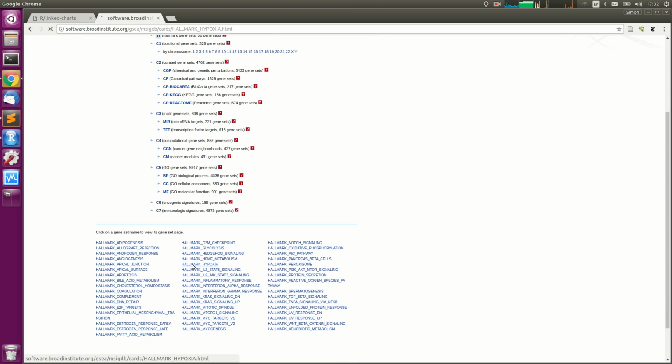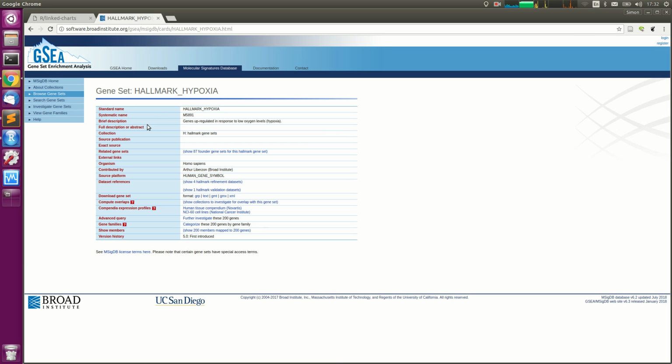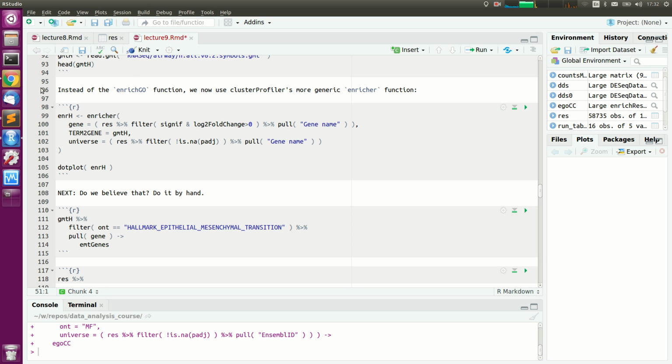And here we see which gene sets we have. Here's, for example, the hallmark of hypoxia. I like that one because it's a curation of many different experiments, finding a couple of core genes which always seem to be upregulated in all experiments where somebody tried hypoxia.